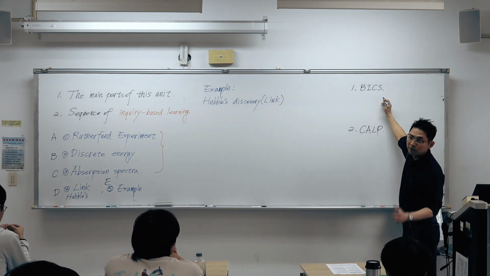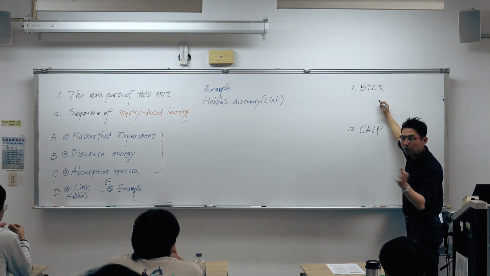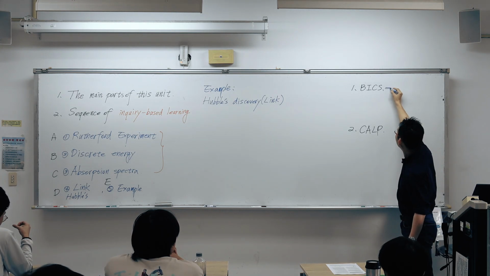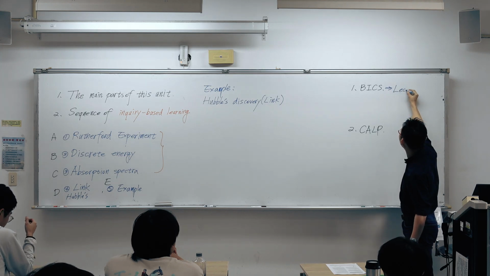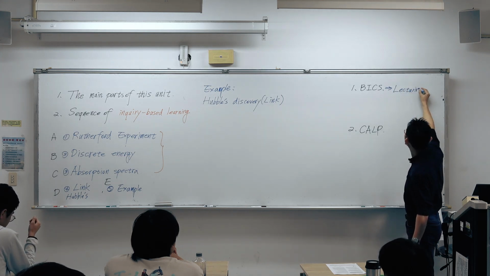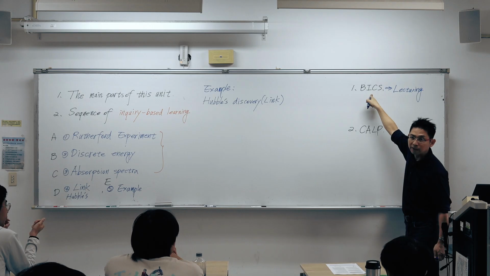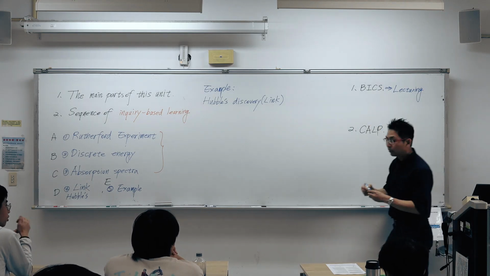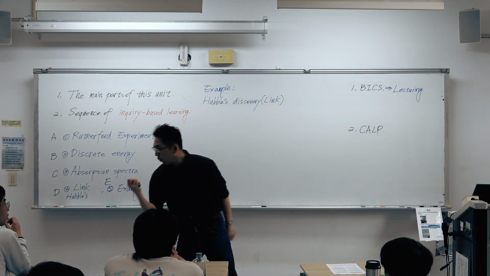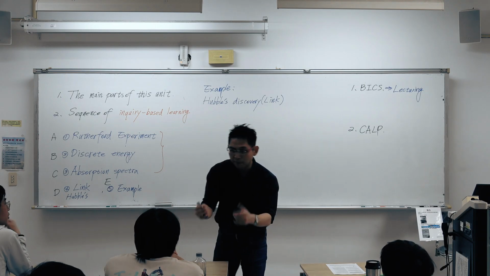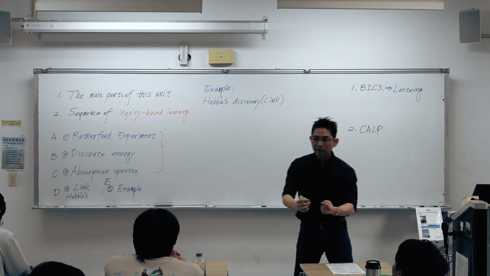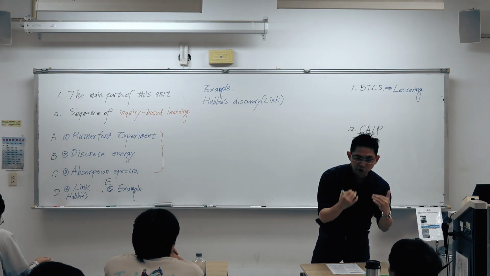How can I do it? We always need to put more BICS into our lecturing, right? For what we are saying now, like, what are your thoughts about that? How do you think about this? And also think, pair, share.